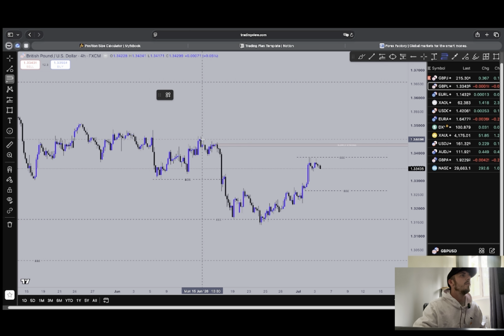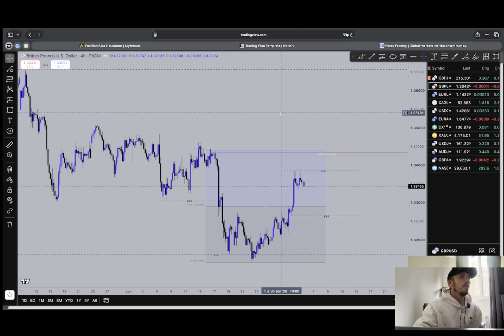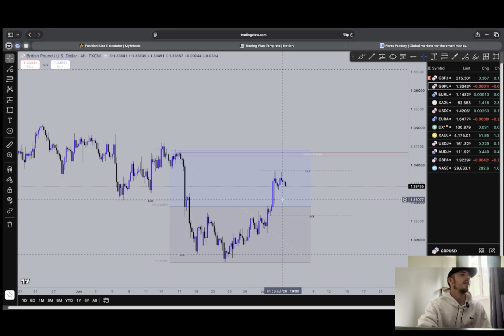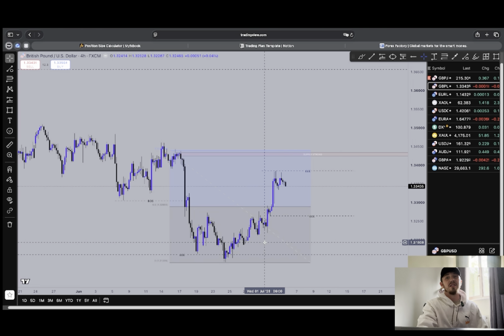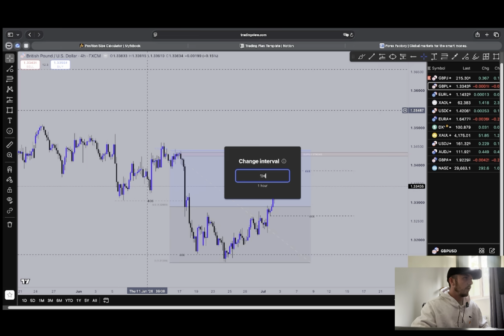I do it using the fib retracement tool personally. So this is your premium. This is your discount. We want to sell in the premium, buy in the discount. It's quite self-explanatory, really. And then we'll jump into the 1 hour time frame.